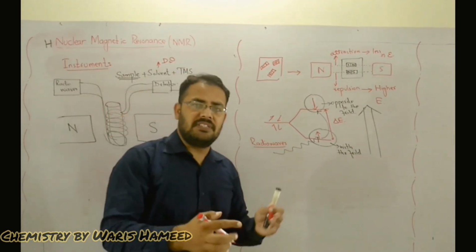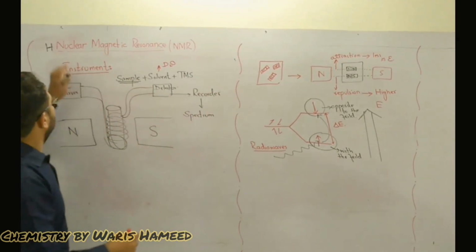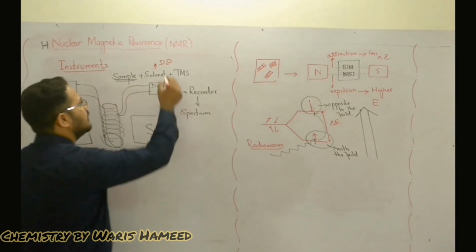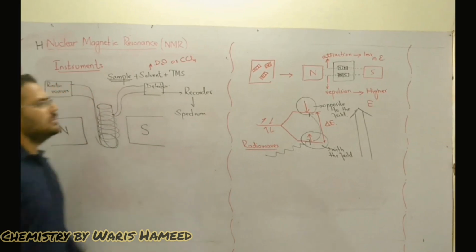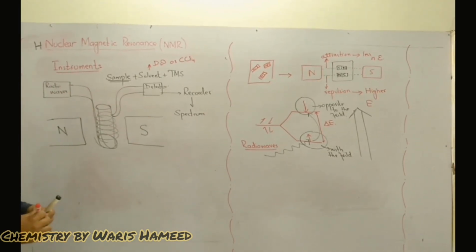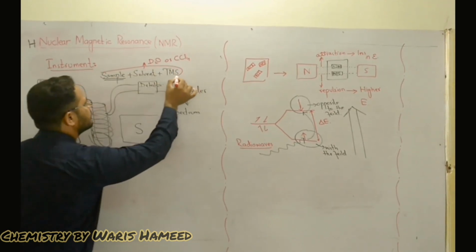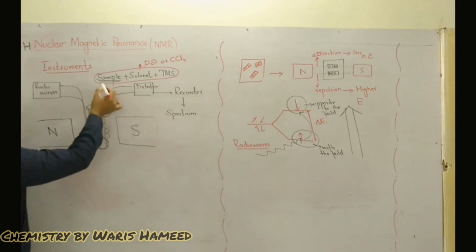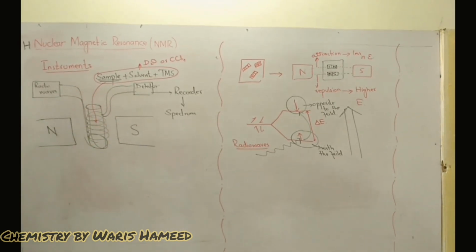Deuterium is the isotope of hydrogen, and it is an inactive nuclear magnetic resonance nucleus, or we can use CCl4. These two solvents are used for the sample preparation. These three things are combined and we put them in this tube.